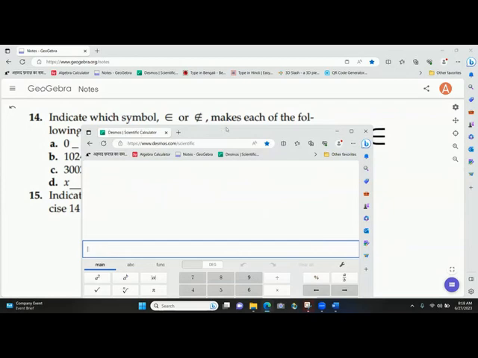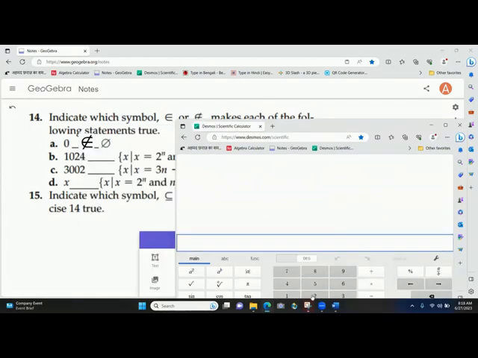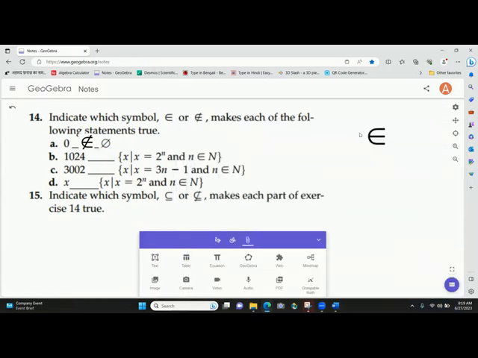Let me test. 2 to the power 6 is 64. Let's try 2 to the power 8. Not yet. Let's try 2 to the power 10. Oh, 2 to the power 10, I get it. 1024. So 10 is a natural number. So clearly 1024 is an element of this set.